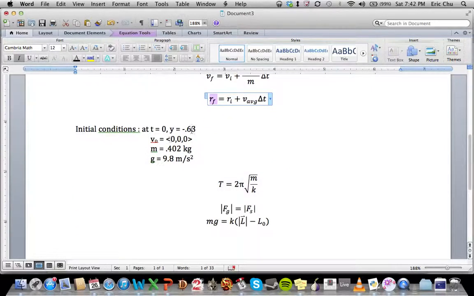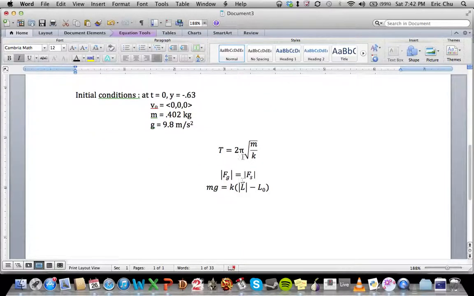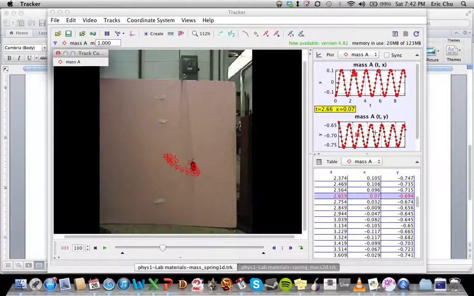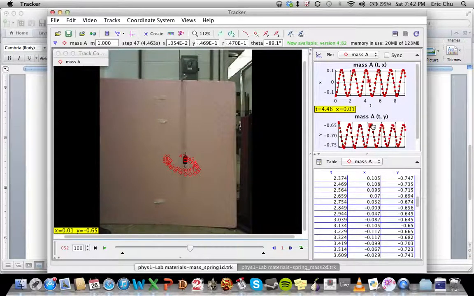So here are our initial conditions, and then we have three other constants that we have to find. T, the period of oscillation, we find by looking at the Y positions. After three oscillation periods, we end up at T equals 4.558 seconds.